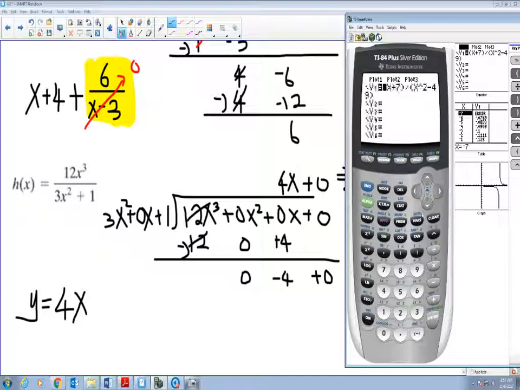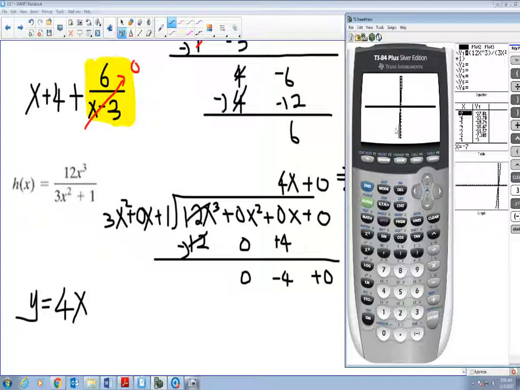Let me show you here on the graphing calculator what the slant asymptote does. 12x to the third divided by 3x squared plus 1. I'm going to go to my window and make my view bigger, negative 50 to 50, because there might be something on the outside of my picture I don't see.